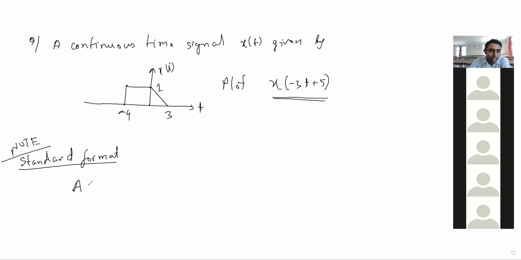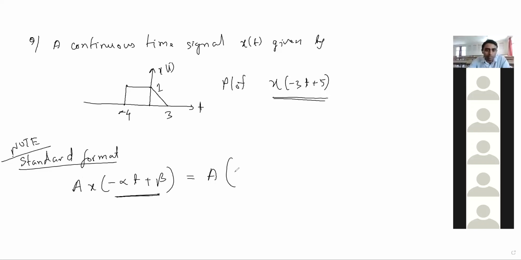Suppose a signal is given x of minus alpha t plus beta. Then what you will do is modify this time domain independent variable like this: A into x. This is very important.